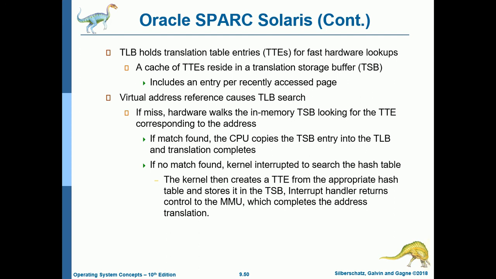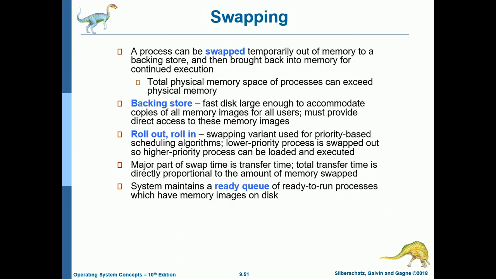If a match is found, the CPU copies the TSB entry into the TLB and translation completes. If no match is found, the kernel is interrupted to search the hash table. The kernel then creates a TTE from the appropriate hash table and stores it in the TSB. The interrupt handler returns control to the MMU, or memory management unit, which completes the address translation. So that is for Oracle SPARC Solaris.